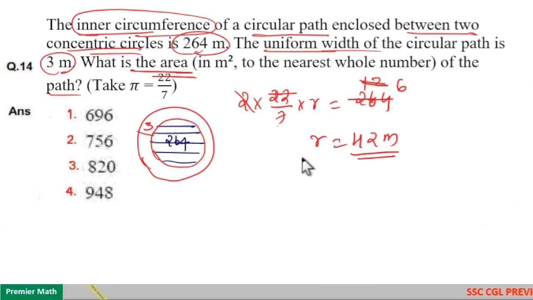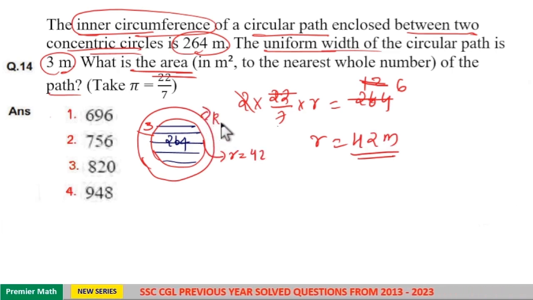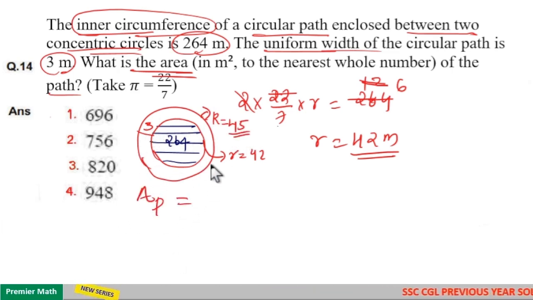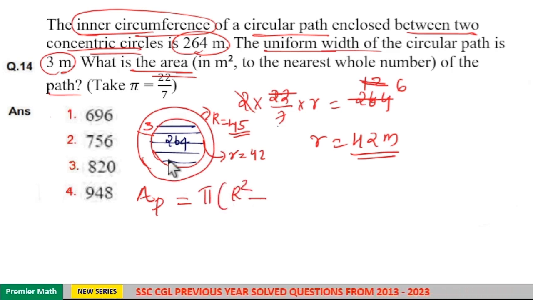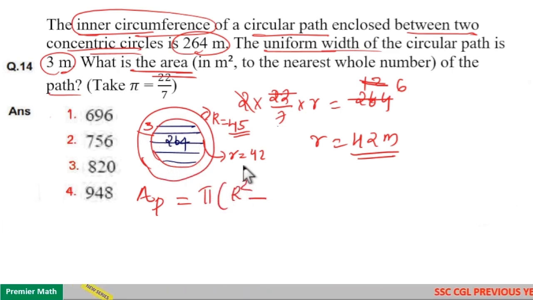If small r, the radius of the small circle, is 42, then the radius of the large circle is 42 plus 3, 45. Which means the area of this path is equal to the area of the larger circle, pi into capital R square, minus the area of the smaller circle, pi into small r square.